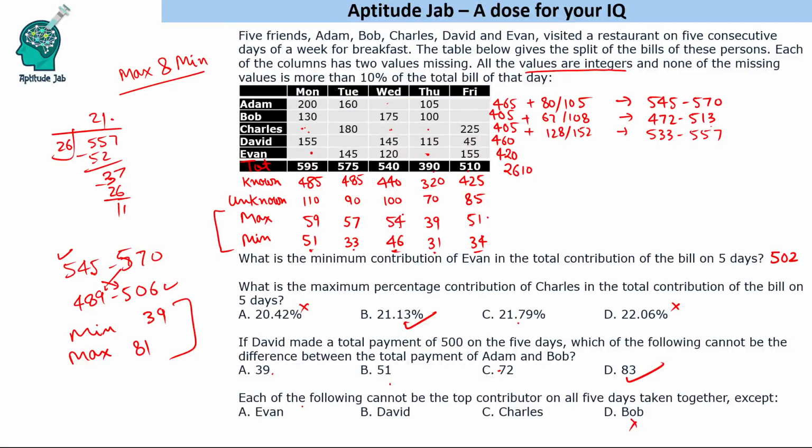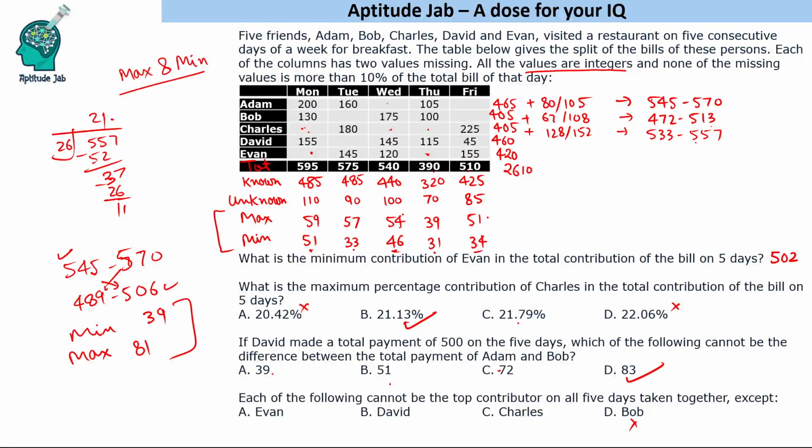Now at this point let's take a pause. It says each of the following cannot be the top contributor, except, so that means there is only one person out of these four who can be the top contributor. Now if we see the value of Charles, we already know that he can have 557, which is more than 545. Suppose he contributes less than his maximum, he can be 545 to 557.